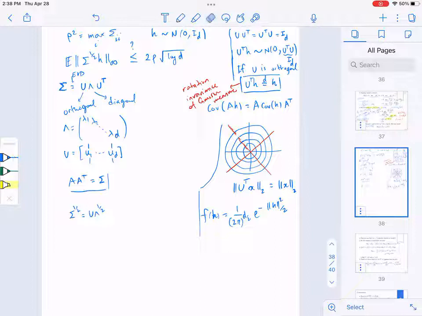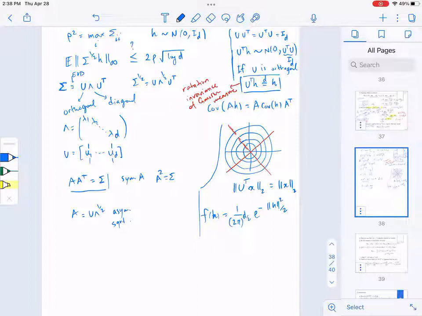So this is an asymmetric square root. Sigma 1/2 is usually reserved for the symmetric one, which is going to be U lambda 1/2 U transpose. If A is symmetric, meaning A transpose is the same as A, then A squared is sigma, which is what you expect a square root to be.